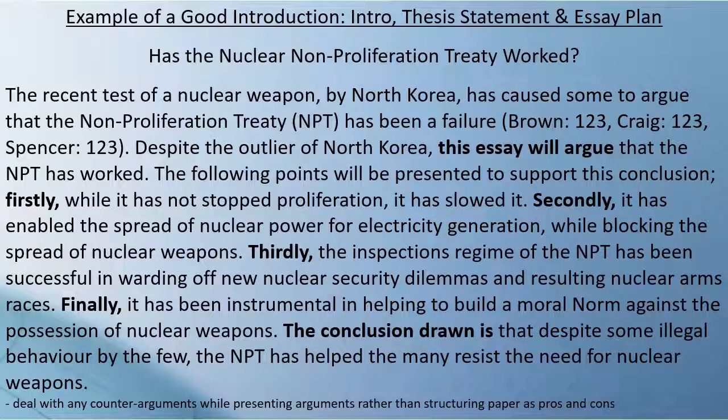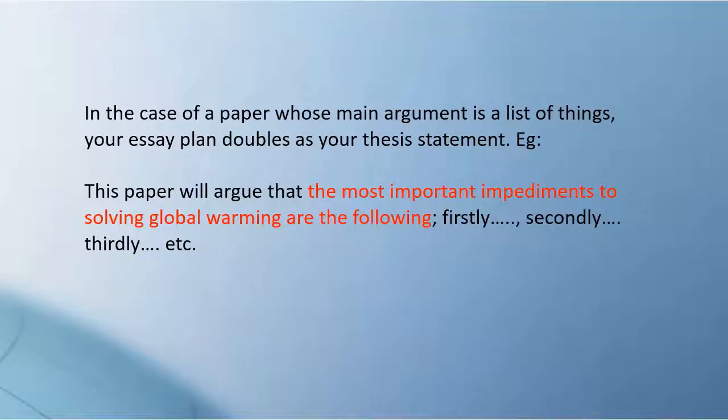Okay. Anyway, in the case of a paper whose main argument is a list of things, then your essay plan doubles as your thesis statement, right? So, for example, this paper will argue that the most important impediments to solving global warming are the following: firstly, secondly, thirdly, etc. Right?